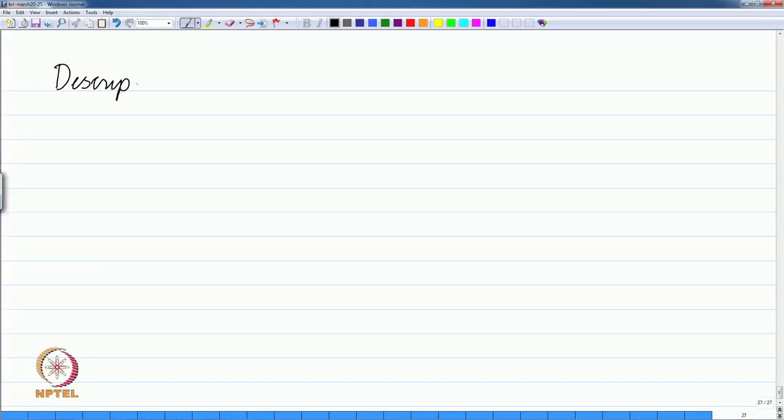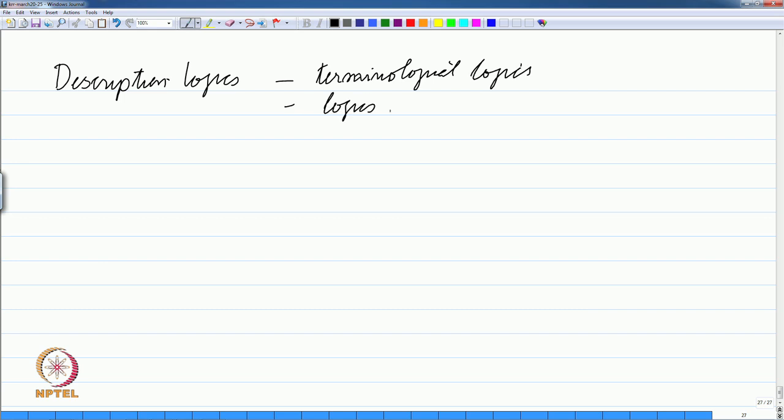Okay, so we have been looking at description logics, which some people also call terminological logics or logics of noun phrases.